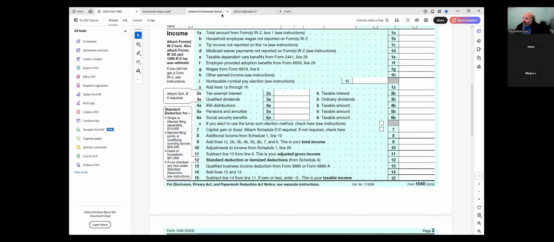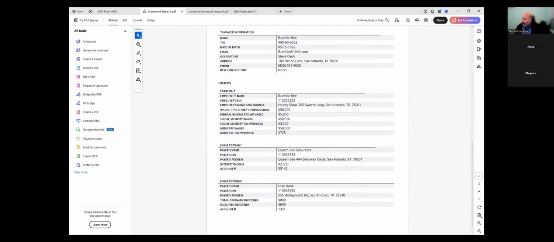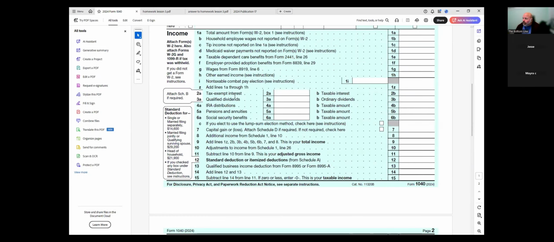We just saw what that was on your form. A lot of this is they're giving you the information. You just have to take the information from the source document, the tax document, and put it on the form. Ordinary dividend, 800, qualified 600. So the qualified 600 will go in 3A and ordinary will go on 3B.